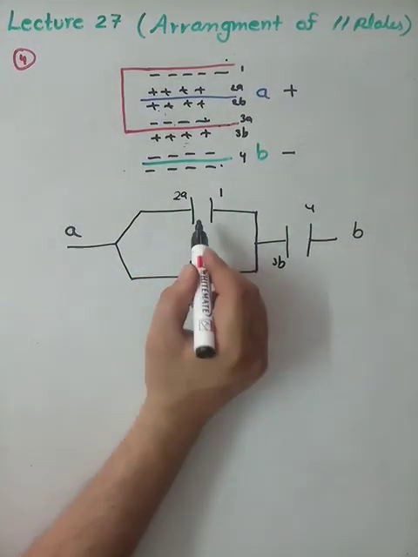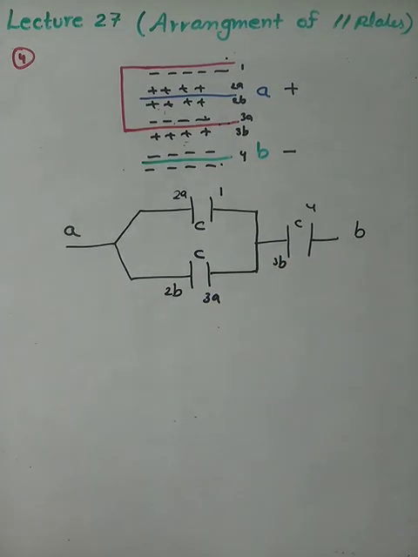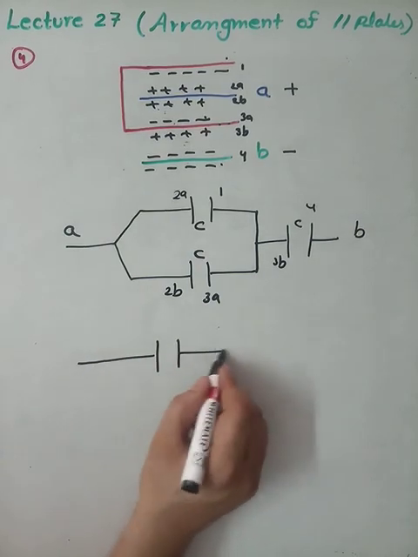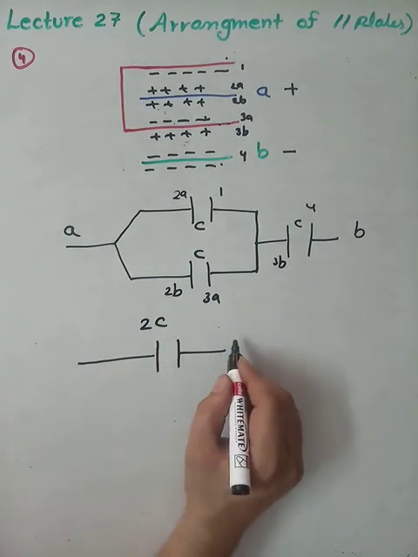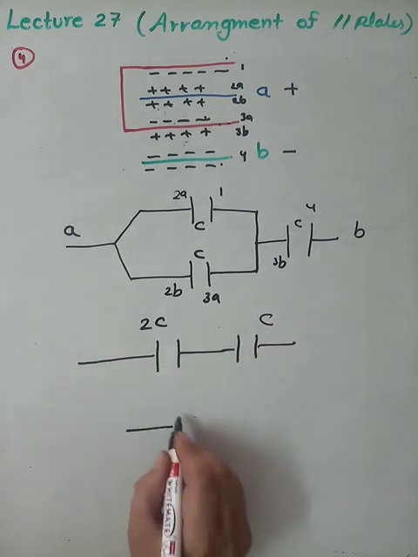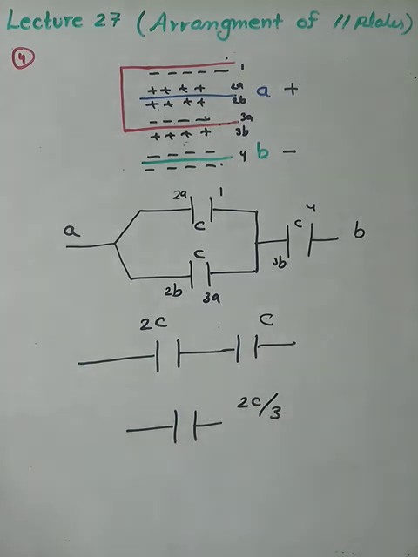Now all the plates are equally separated and have the same area. These two plates can be considered to be in parallel. We have 2C and this is C. These two are in series, therefore we get 2C by 3.